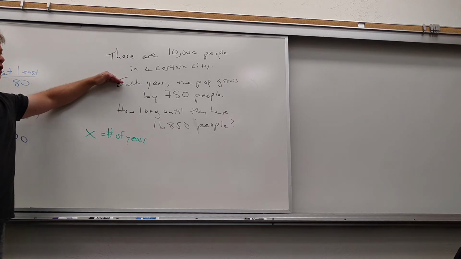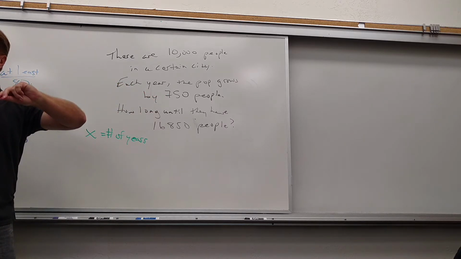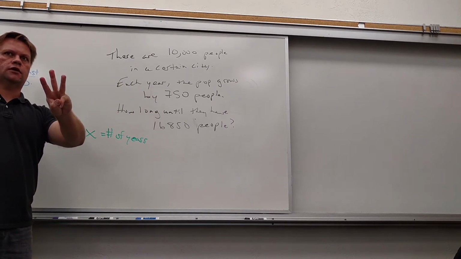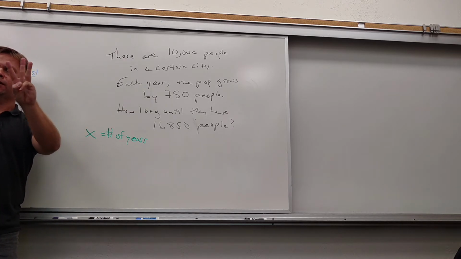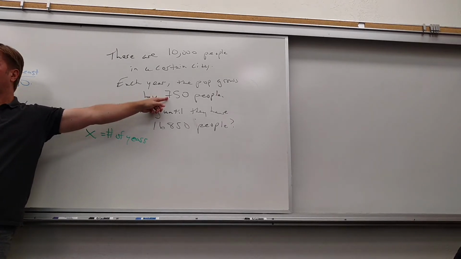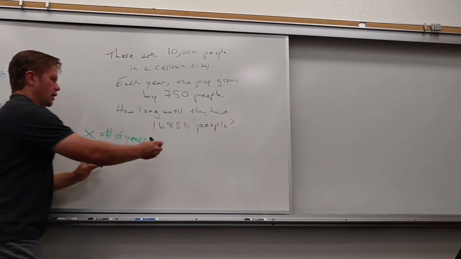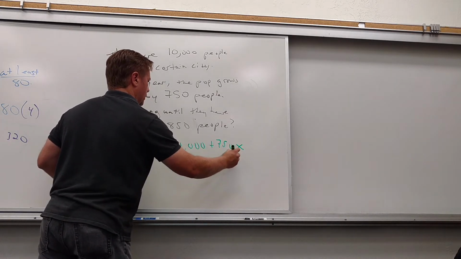And then every year you add 750 people. So if I waited 3 years, how would I figure out how many people I'm going to add on top of 10,000? 750 times 3. So if I wait X years, I'll have 10,000 people plus 750 times X.